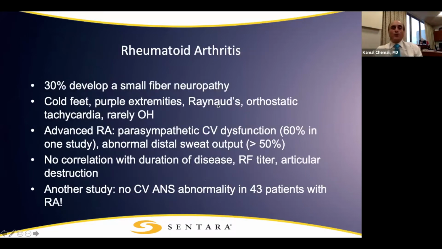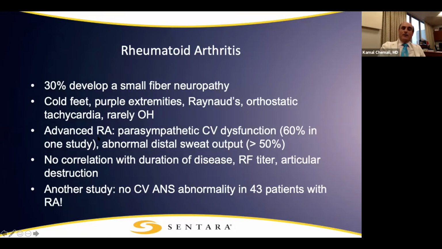The second is rheumatoid arthritis. We know that about 30% of rheumatoid arthritis patients develop a small fiber neuropathy, and they manifest as cold feet, purple extremities, Raynaud's phenomena, orthostatic tachycardia, like POTS, rarely orthostatic hypotension.